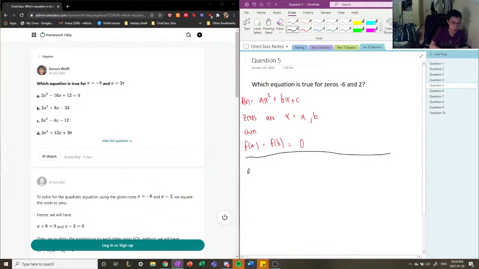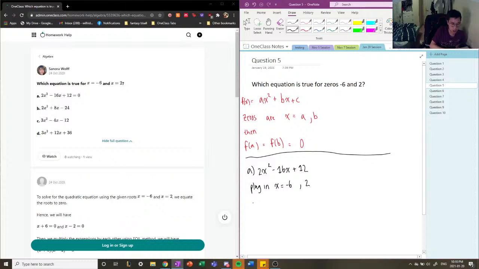So let's look at a first. So let's plug in x equals negative 6. So our function here is 2x squared minus 16x plus 12. So let's plug in x equals -6 and 2.